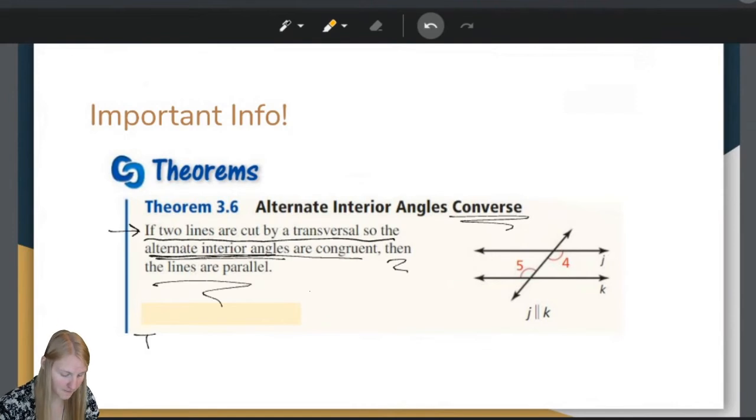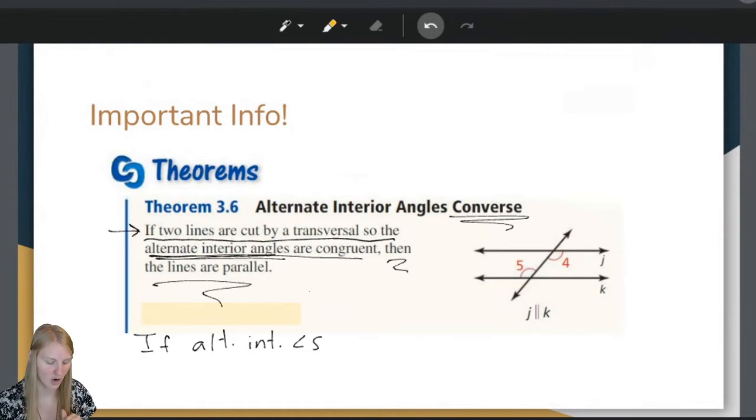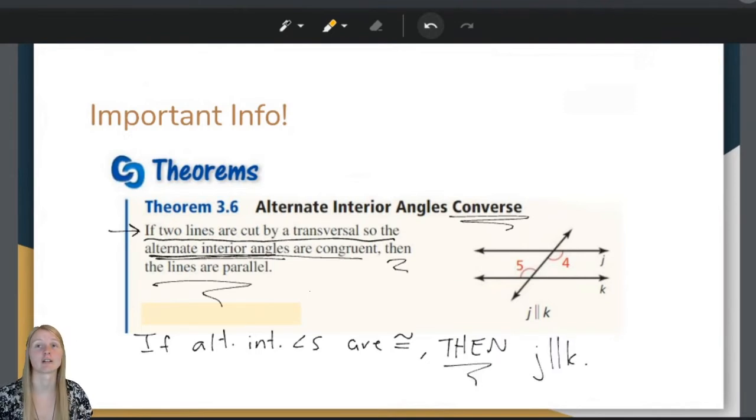So if alternate interior angles, we're abbreviating alternate interior angles, if alternate interior angles are congruent, then the lines are parallel. Okay, so if angle 4 and angle 5 are congruent, then line J and line K are parallel.